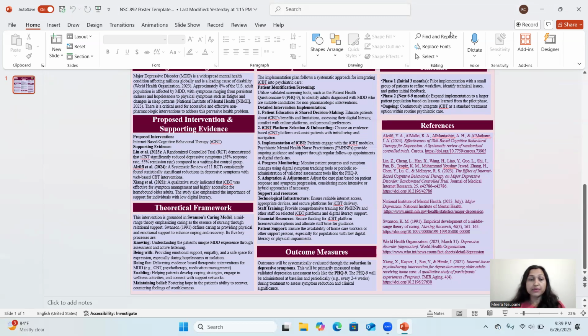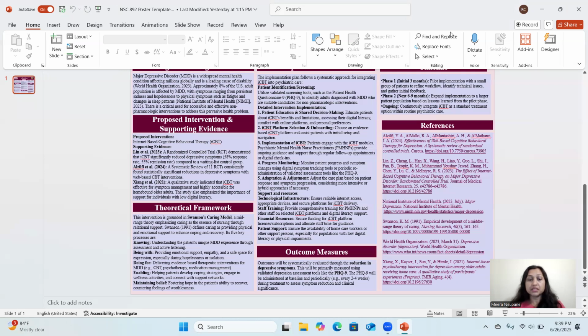Its 5 key processes are very important for the mental health patient, especially the major depressive disorder patient. Knowing, being with, doing for, enabling, and maintaining belief are the 5 key processes.